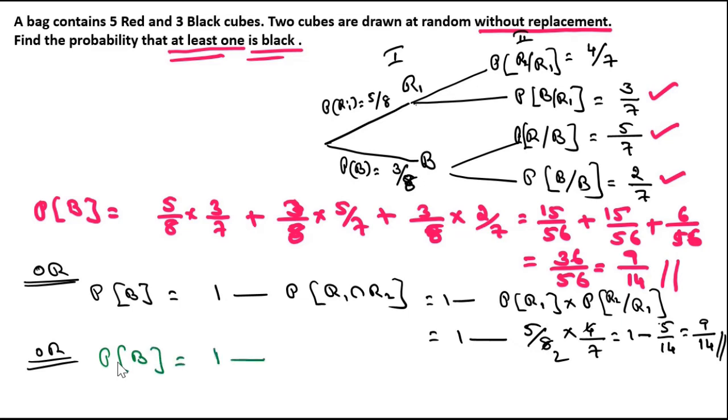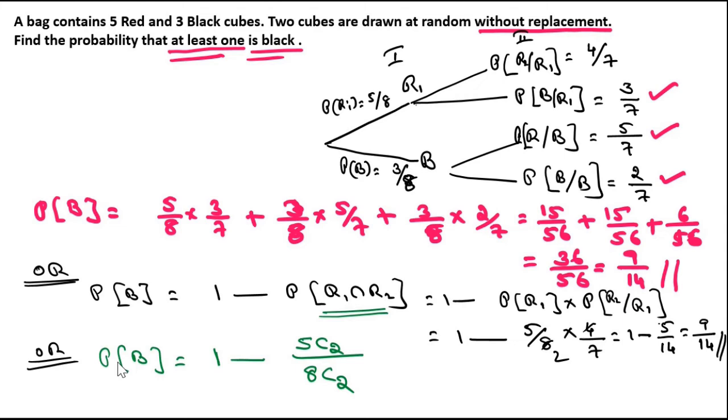1 minus, how many balls do you have here? You want both to be red. How many reds are there? 5 reds. So I can take 2 balls from 5 together, simultaneously, at the same time. Total balls, how many are there? 8. From 8 only we are taking, so 8C2. I am picking 2 balls from 8 balls.